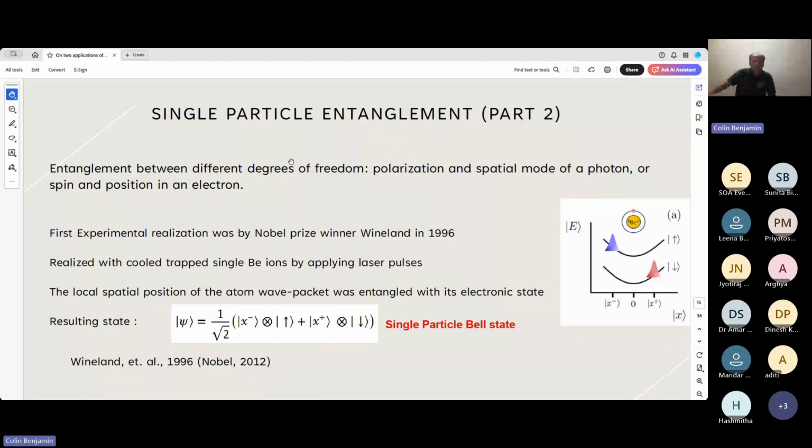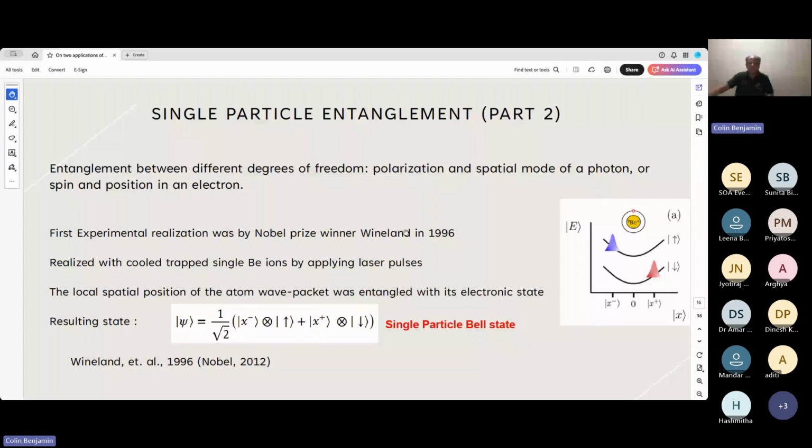So generally, when we talk of entanglement in quantum information, we talk of 2 particles or multi-particle entanglement. But here I will talk of a novel entanglement. Well, not so novel actually. It was first realized by the Nobel laureate Wineland in 1996, who asked: can a particle be entangled with itself? What does that mean?